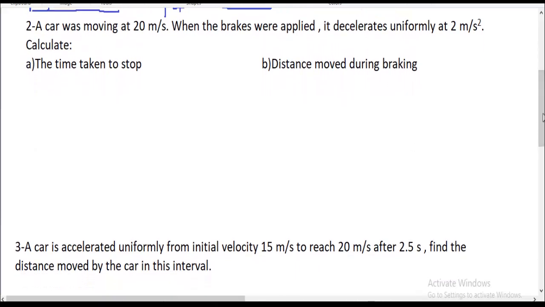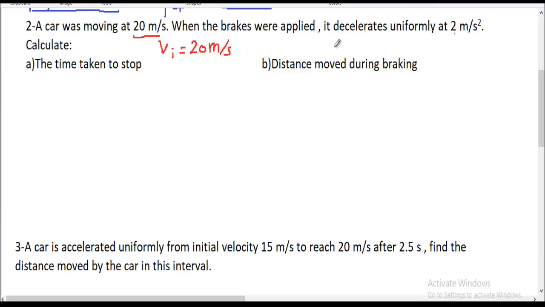The second problem here: a car was moving at 20 meters per second. So this is the initial velocity. Initial velocity here is 20 meters per second. When the brakes were applied, it decelerates uniformly at 2 meters per second squared.